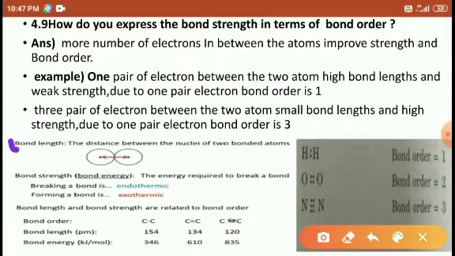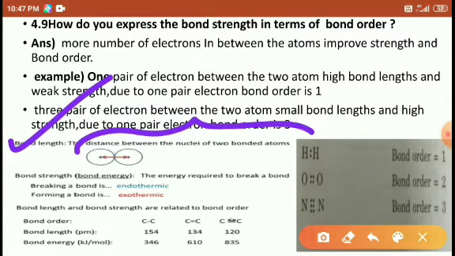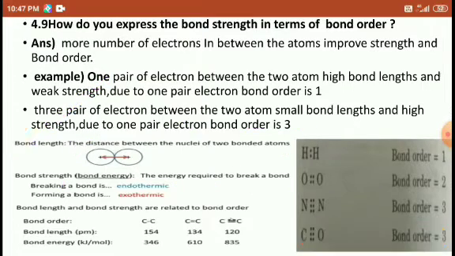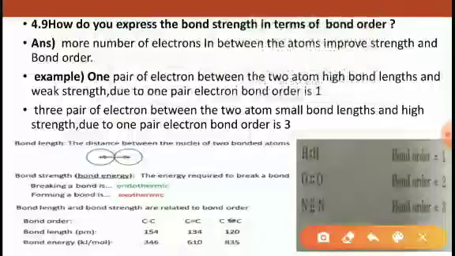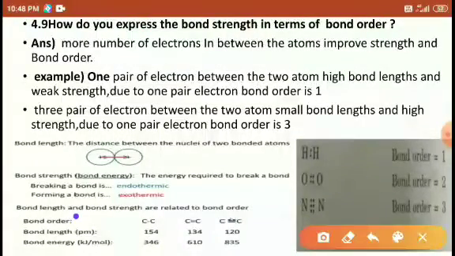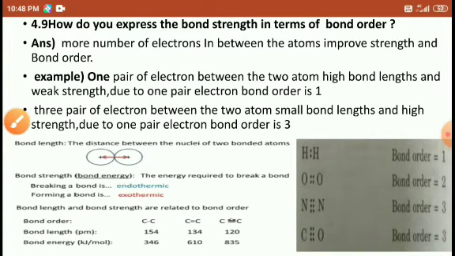One more example here. Bond length is the distance between the 2 nuclei of bonded atoms, and bond strength is the energy required to dissociate the bond. Bond length and bond strength are related to bond order. How are they related, students? Look at here: carbon-carbon single bond, carbon-carbon double bond, carbon-carbon triple bond, right?